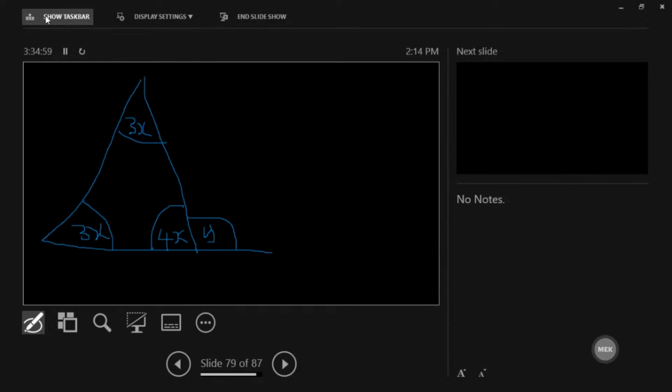Let me hear some ideas. I want each of those three angles. Yes, you can have decimal as your answer, Cash Mark, or fraction. Yes, you can.